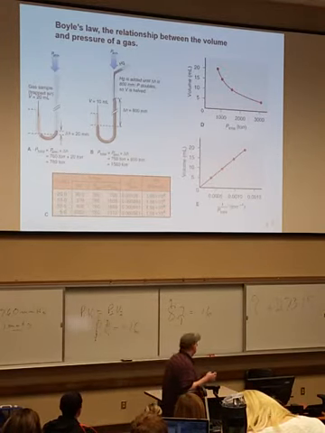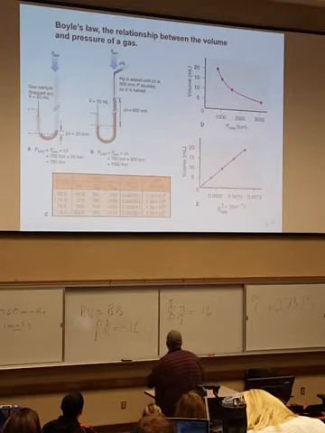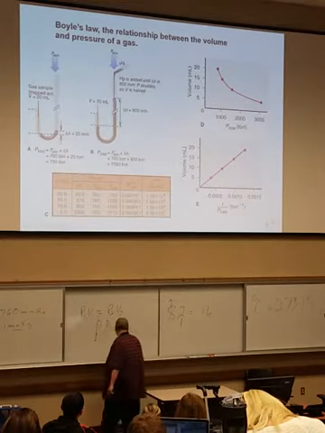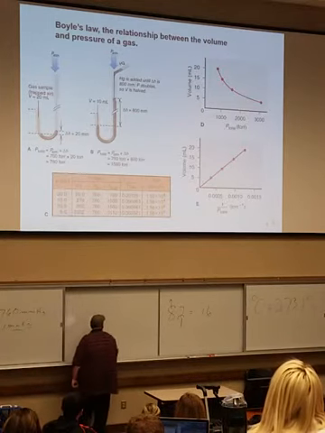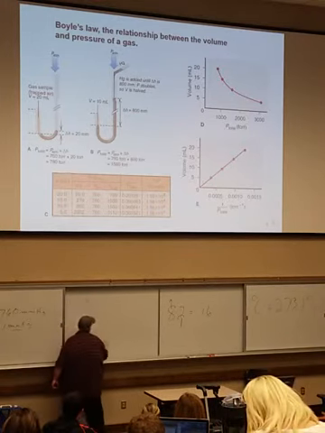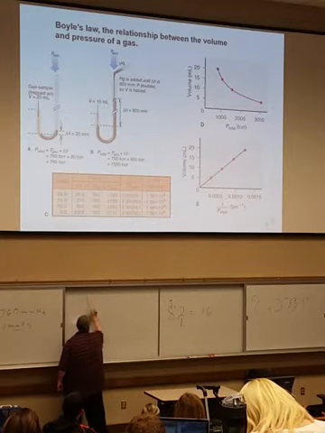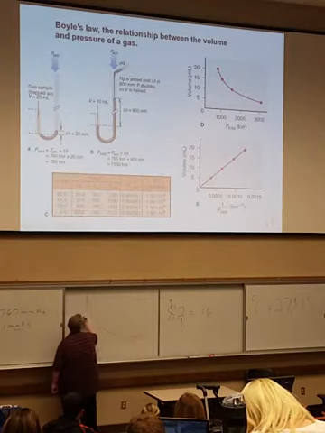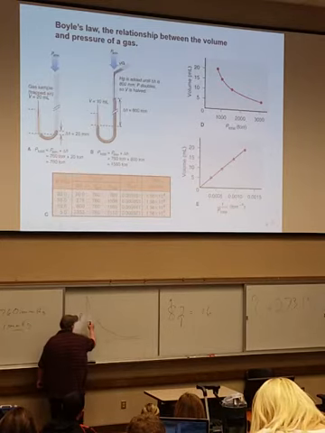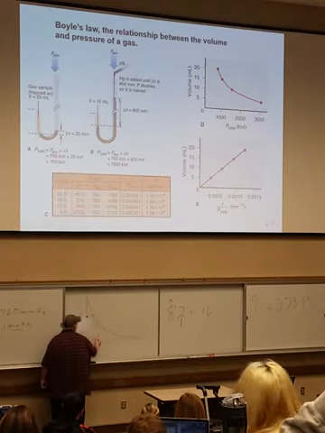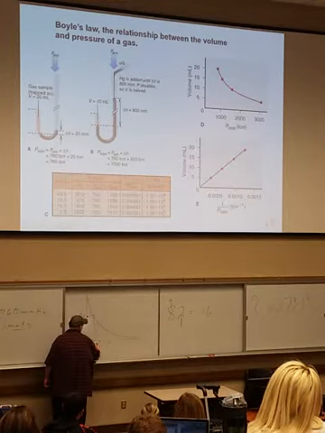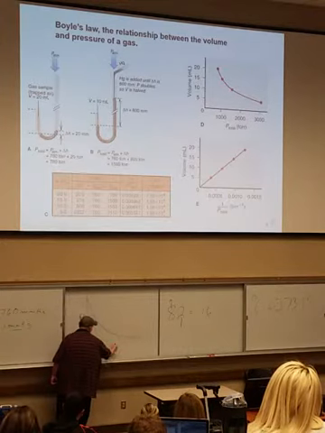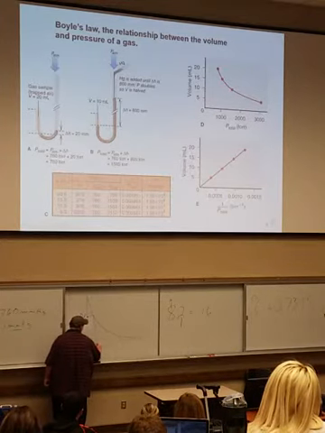Now, I know I can't write on the board. So you get some kind of curve like this when I do my pressure versus volume. If I have pressure 1, so we'll call this P1, and volume 1.